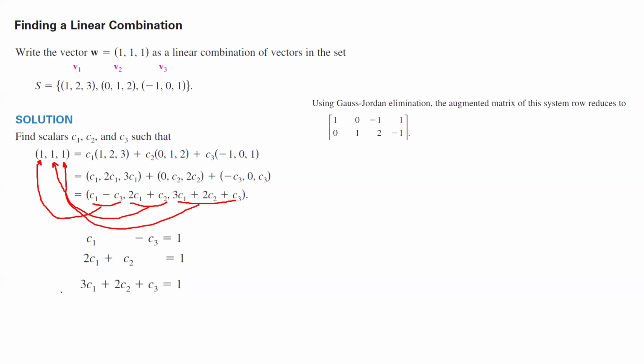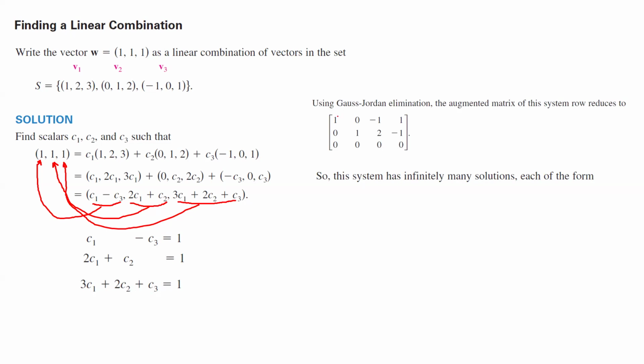And 0, 0, 0. This is the simplified version of the system of linear equations, which had 1, 0, -1, and 1, then 2, 1, 0, and 1, and then 3, 2, 1, and 1.